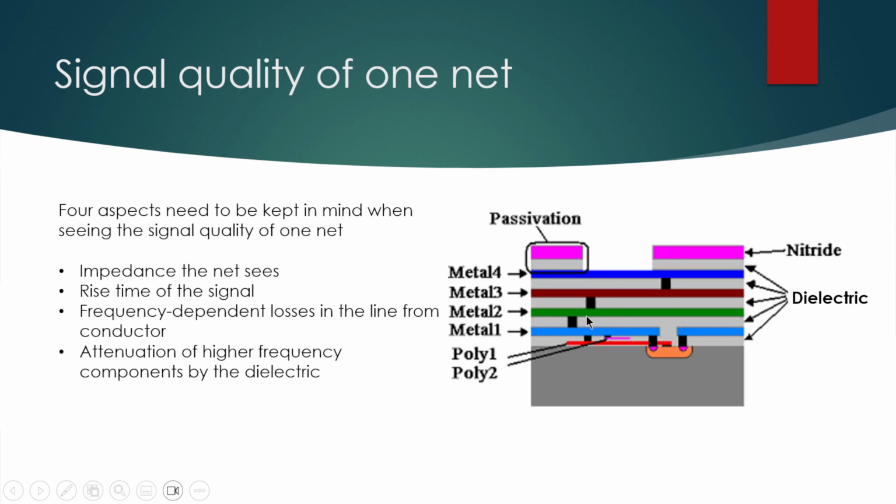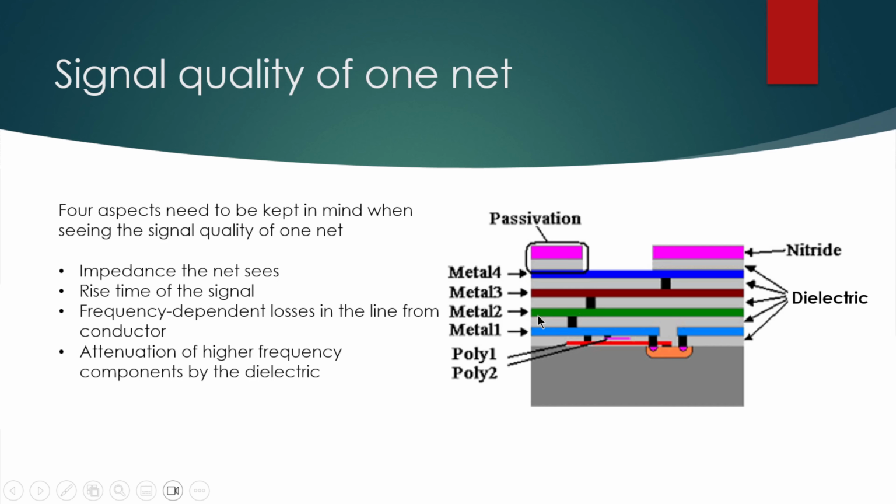The metals being conductors will not be perfect at higher frequencies. At higher frequencies, they may have conductor losses, skin depth issues, and so on. These conductor losses affect the signals, and the dielectric losses as well affect the signals because dielectrics are not perfect isolators. And one more thing is the skew.